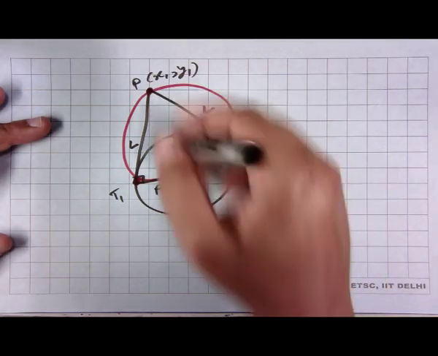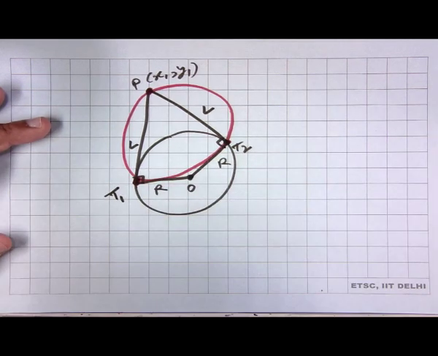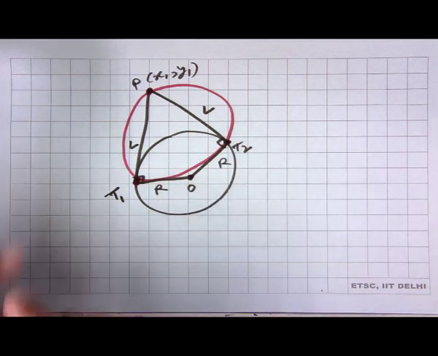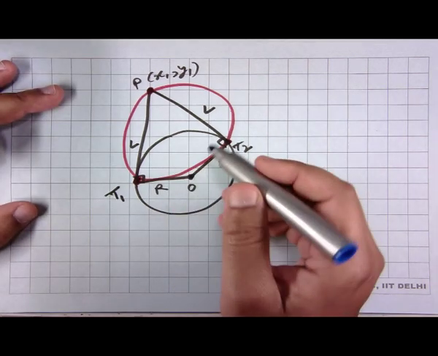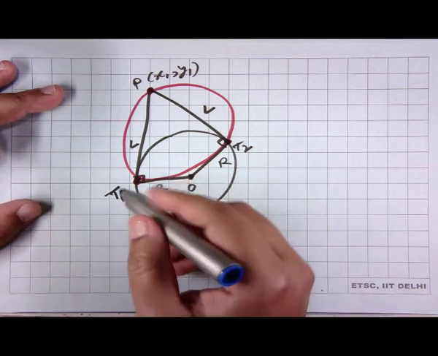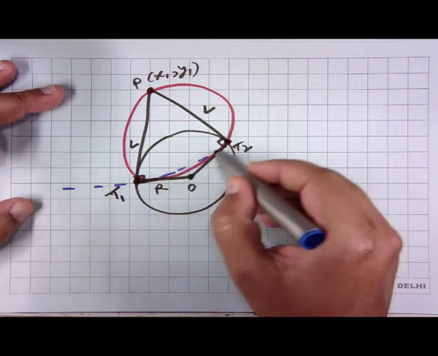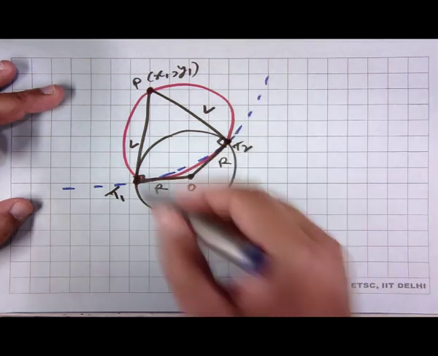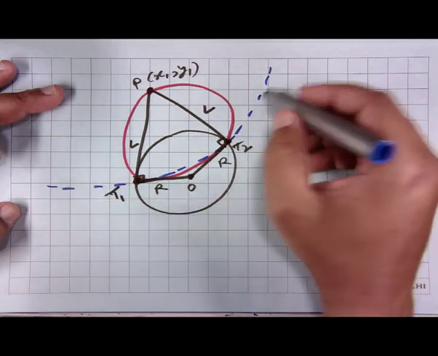So, this circle passes through T1 and T2, and we know that T1 and T2 are the point of intersection of the given circle in black and this circle in blue.